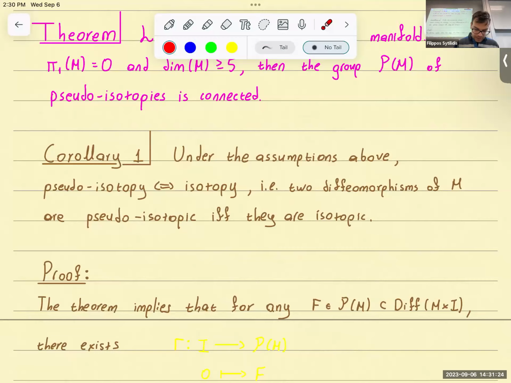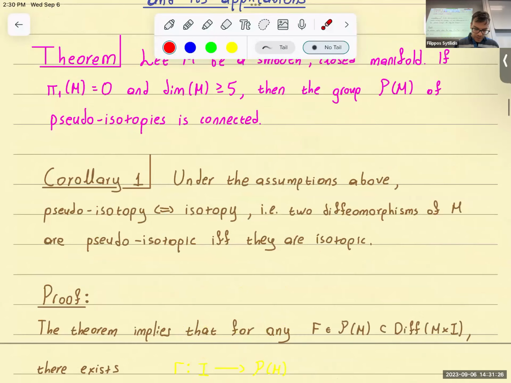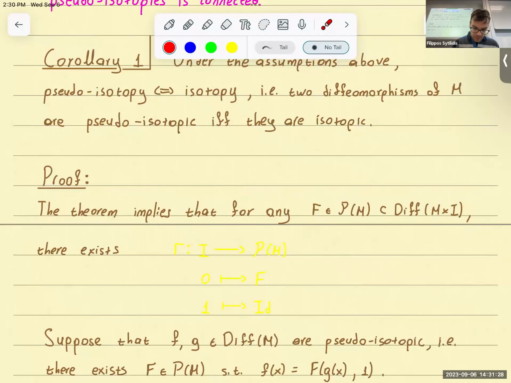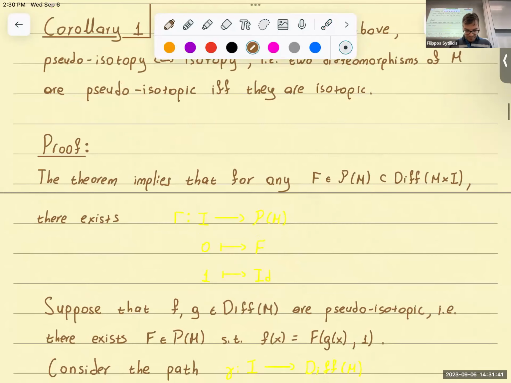Okay, how do we prove that given the theorem? Well, what does the theorem imply? The theorem implies that if you give me any pseudo-isotopy, which again is a diffeomorphism from M cross I to M cross I, there will exist a path, which I'm calling capital gamma, in the space of pseudo-isotopies.